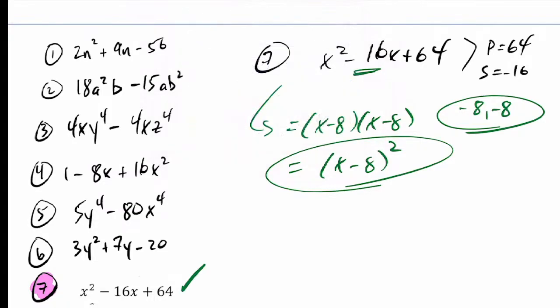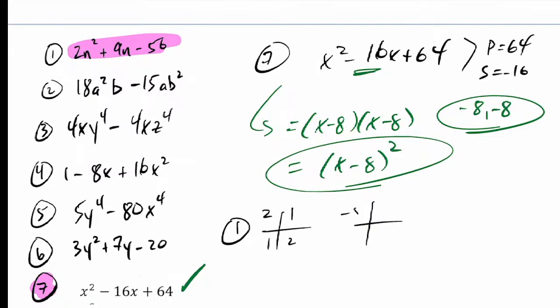Those of you working on 1 here, right away if you take a look at 1, you'll see there's no GCF on this, so I have to go right to charting to factor this. And this combination is not going to work.